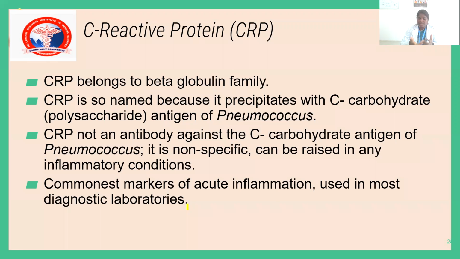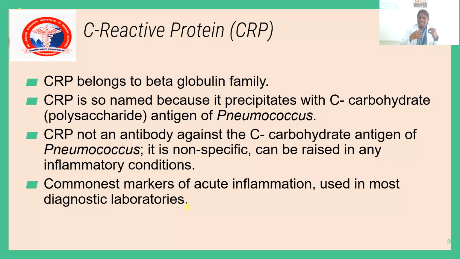And why is it named C-reactive protein? It is able to precipitate with the C carbohydrate antigen of the pneumococcus. Pneumococcus is a gram-positive bacteria, and its cell wall contains the C carbohydrate antigen.